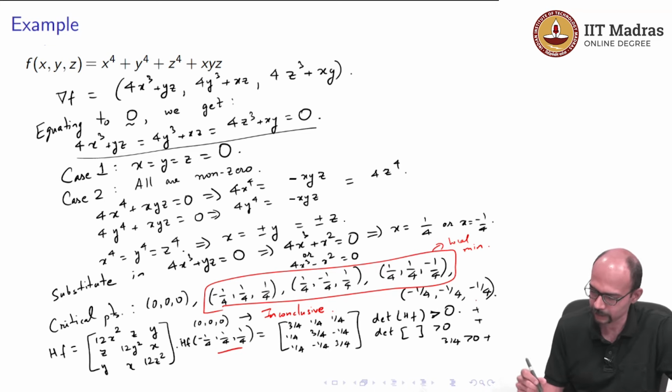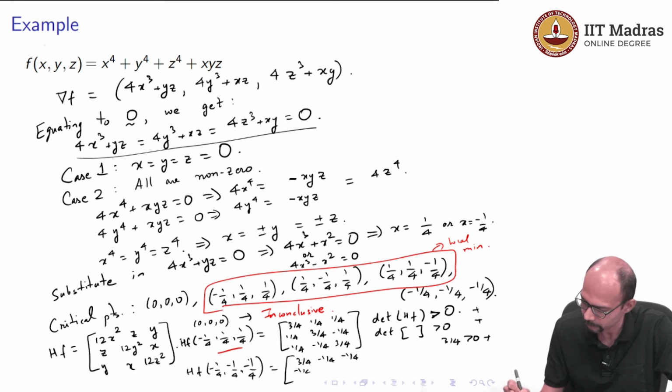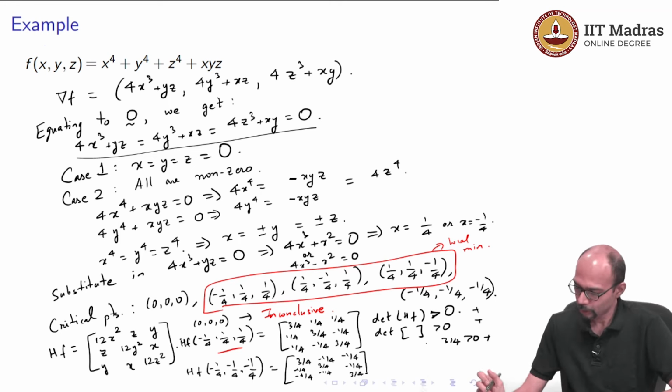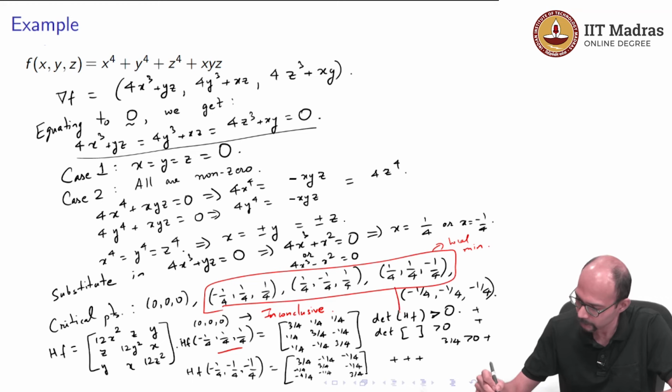And finally, we have the last point, and again actually the same thing happens. In this case you get 3/4 on the diagonal and all the off diagonal entries are minus 1/4. And if you compute the determinants, again you are going to get plus plus plus, which means this is also a local minimum.